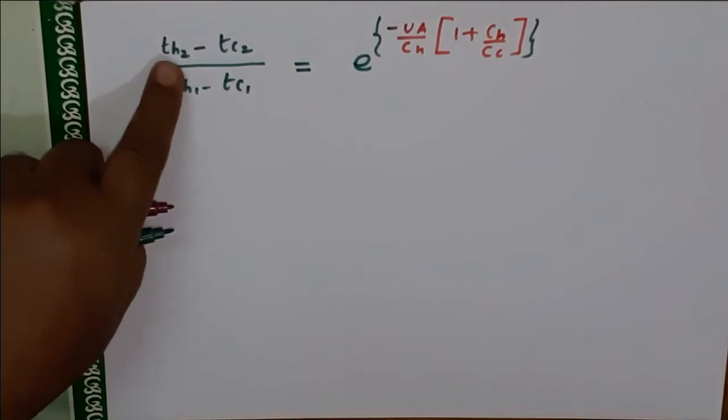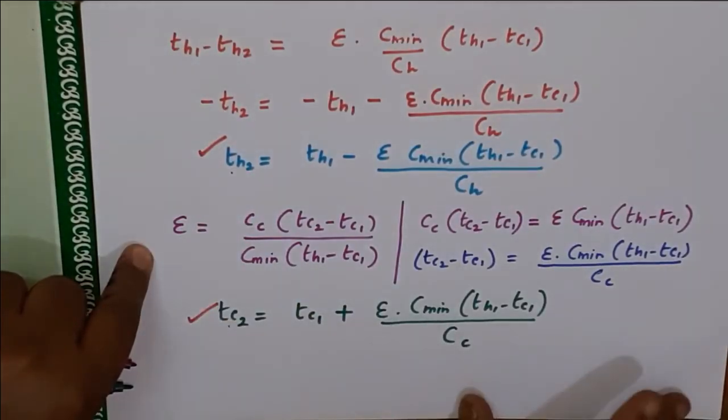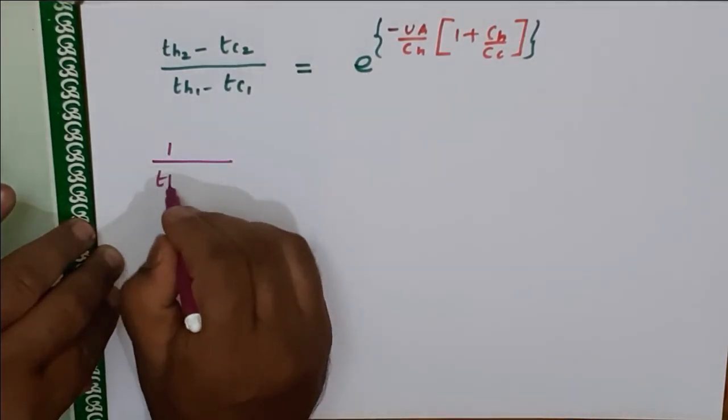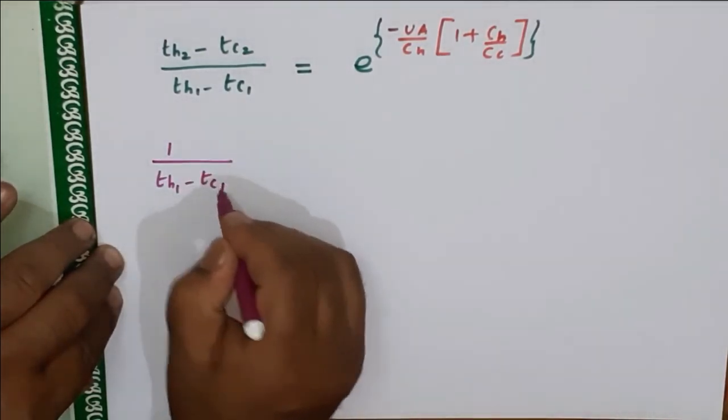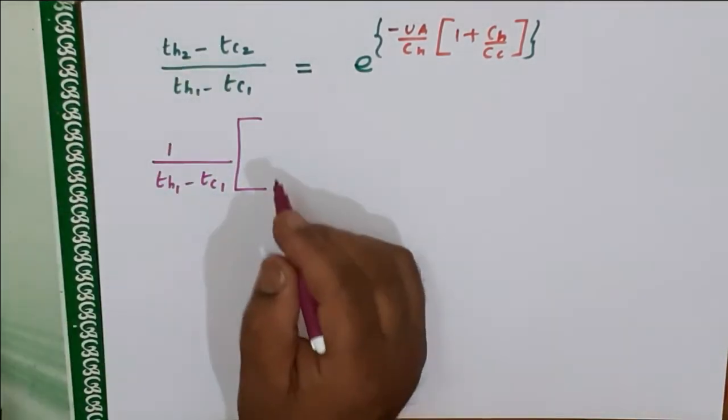So this TH2 and TC2 will be replaced, divided by TH1 minus TC1. I'll take it and write TH2 and TC2 in brackets.